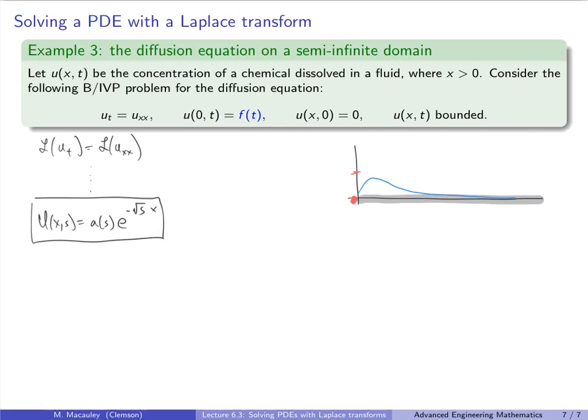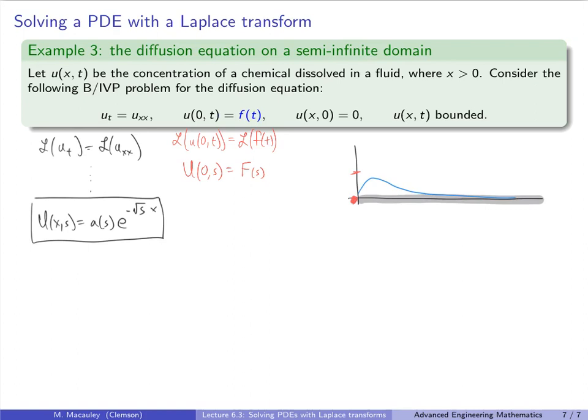And now what's different is when we apply the boundary condition. So let's do what we did before. Let's apply the boundary condition here. So the Laplace transform of u of 0, t equals the Laplace transform of f of t. So this is big U of 0, s equals big F of s.